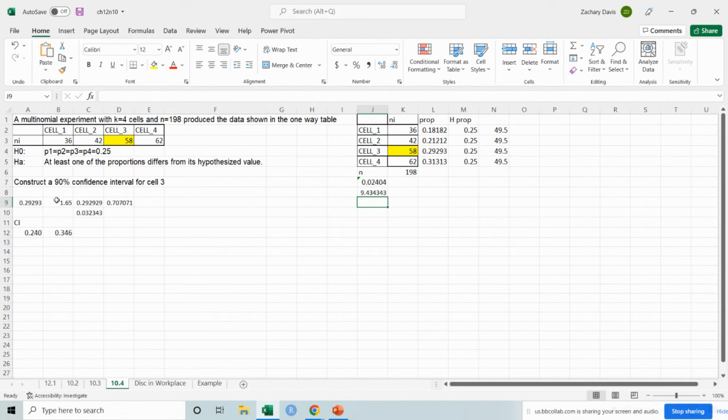For constructing a 90% confidence interval, we were given that value, right? So 58 divided by 198 gives us 0.2929, etc. The 1.65, that is the special t number that we need for 90%. And then we have our value with our standard error, and we multiply that out.